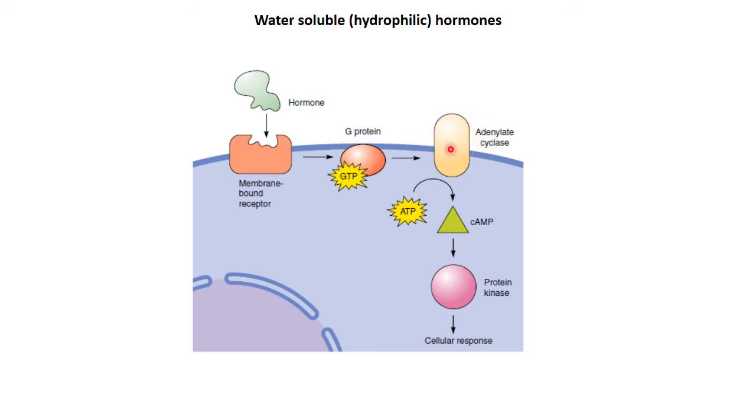This adenylate cyclase will transform the ATP into cyclic AMP, a second messenger responsible for the cellular responses. The cyclic AMP will activate the protein kinases in the cell, which will lead to the phosphorylation of many proteins, and it will lead to a cellular response.